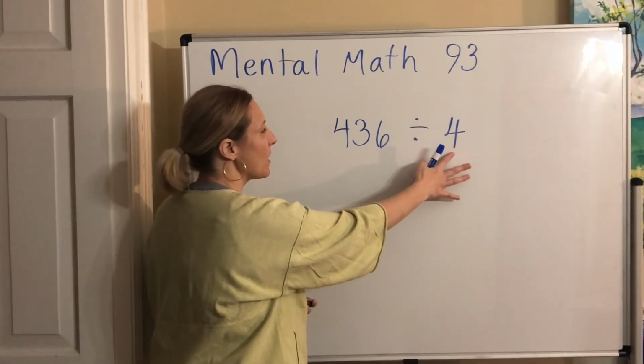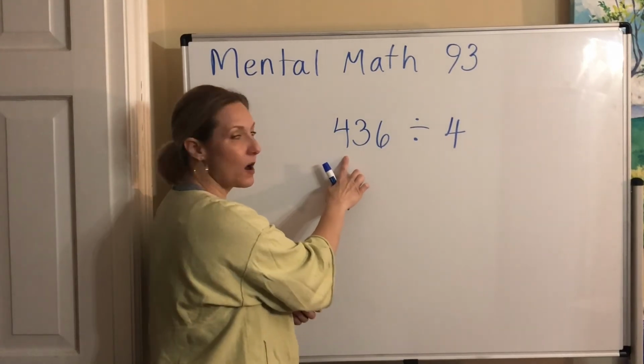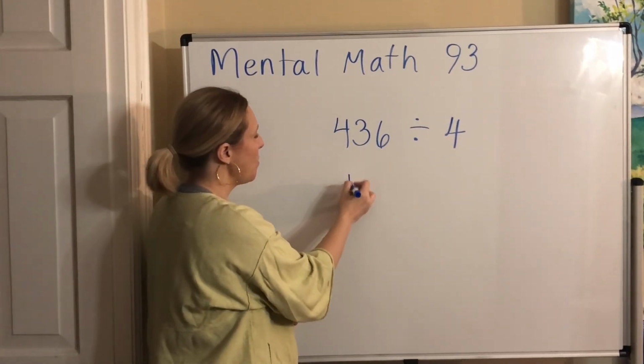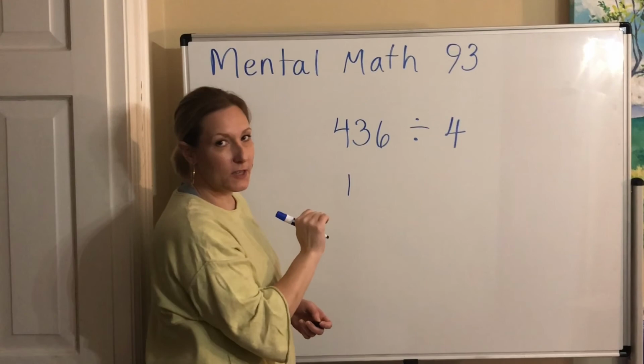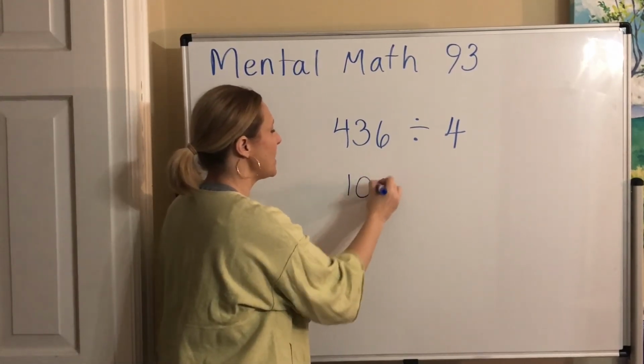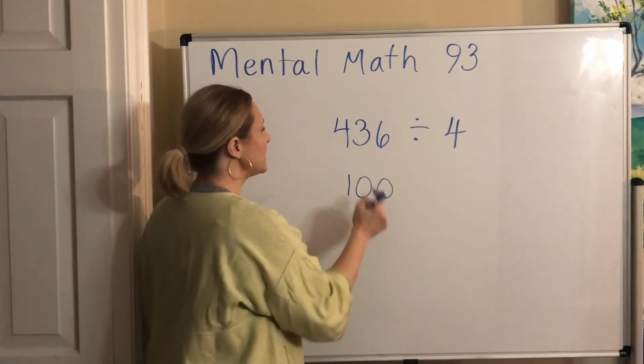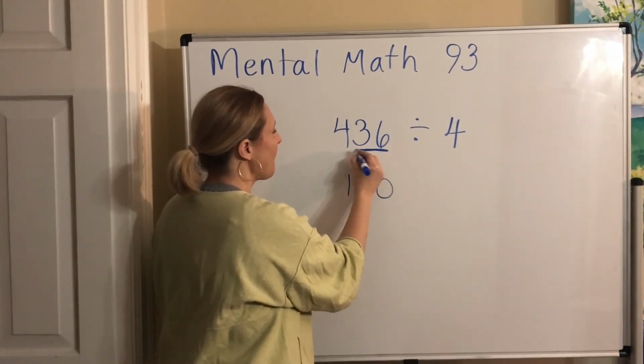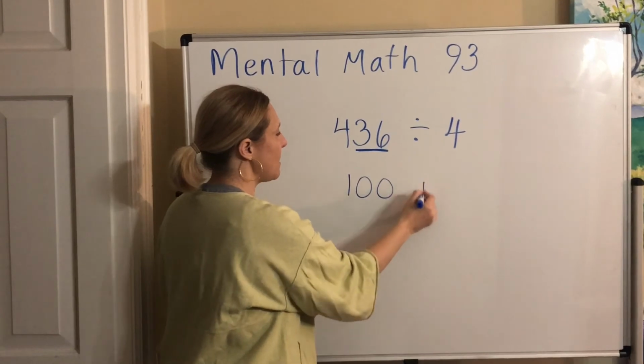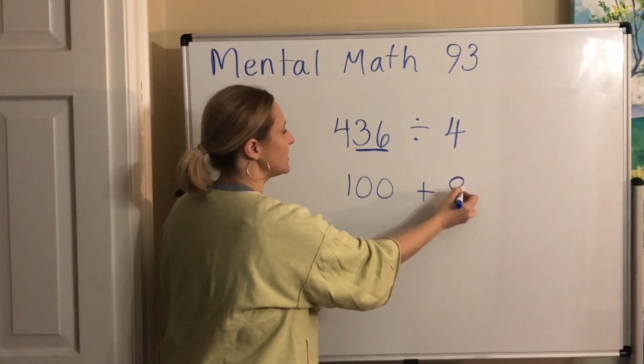Okay, 4 goes into 4 how many times? 1 time. But the 4 is in the hundreds column, so that means it's 100. 4 goes into 436 100 times, and then 4 goes into 36 how many times? Well, that's 9.